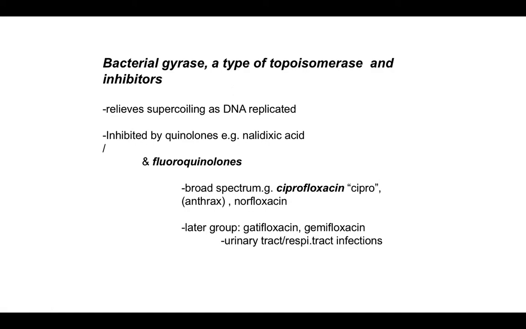So there's a group of antibacterial drugs called the quinolones, and one of the older ones was called nalidixic acid, but the one we really focused on were the fluoroquinolones. One of the fluoroquinolones, which is relatively broad spectrum and can be used against gram-positives and gram-negatives, is ciprofloxacin. Maybe you've heard its nickname, Cipro.